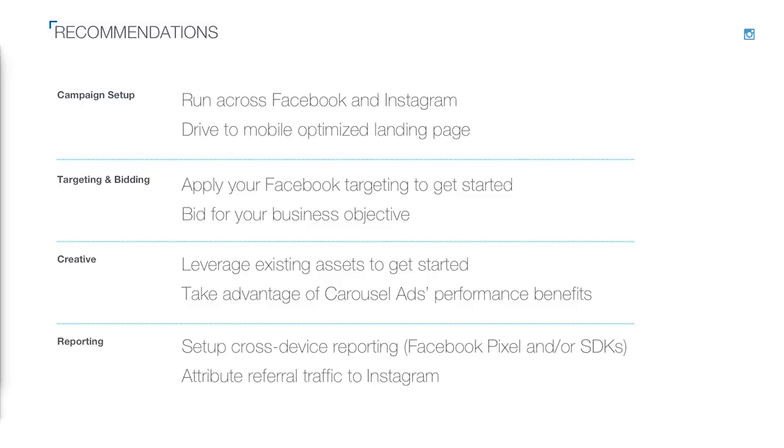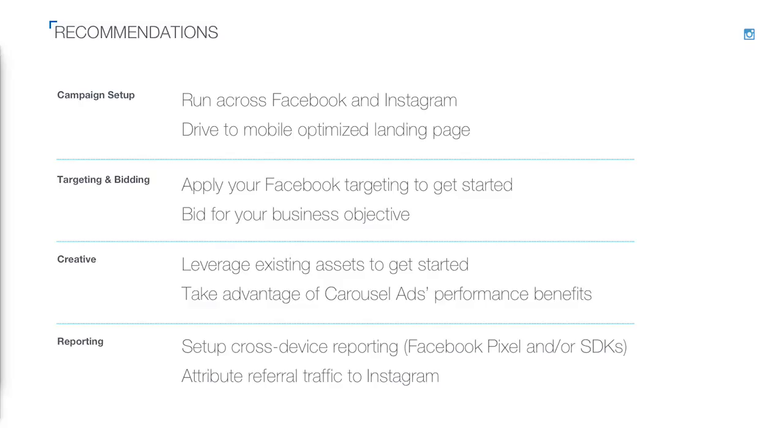The second is to bid for your business objective. And yes, this is probably another one of those things that sounds really obvious. But the reason we mention it is because we're constantly updating the buying options and the objectives that are available to advertisers. For instance, a few weeks ago, website clicks was the only objective available to drive website clicks and conversions.